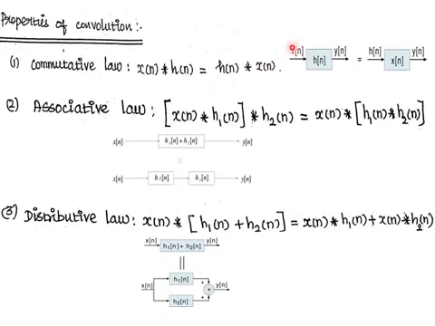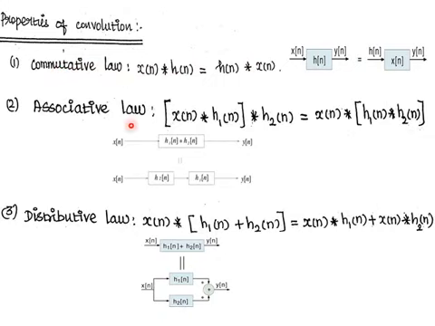The same is represented diagrammatically here. The result that is obtained by performing convolution between x of n and h of n will be same as the result that is obtained by performing convolution between h of n and x of n. This is what commutative property is.